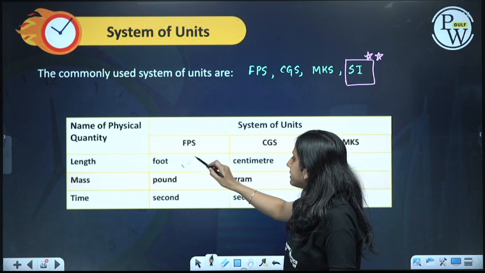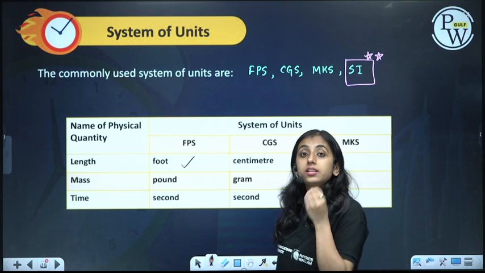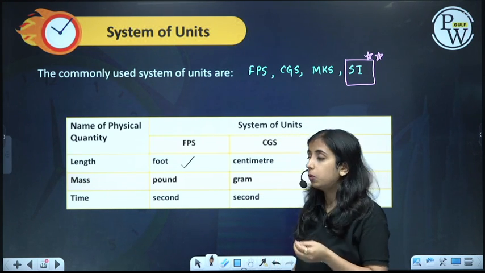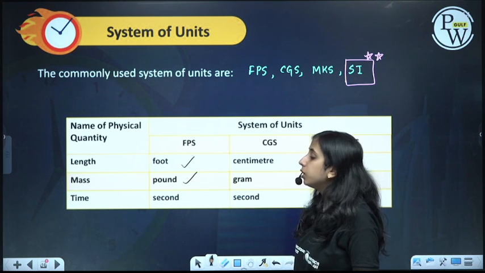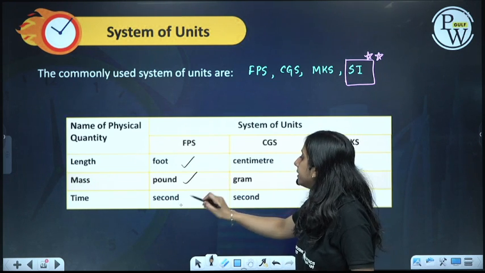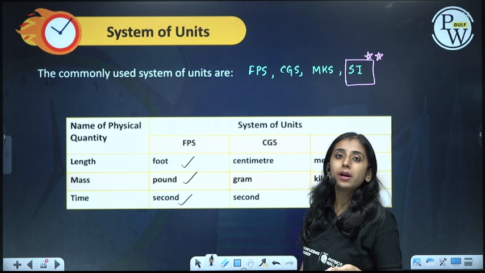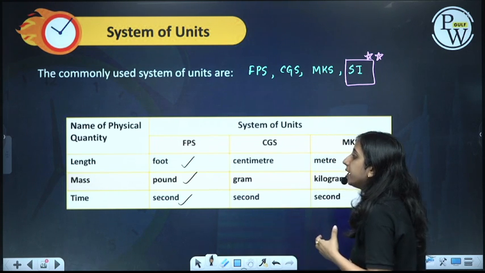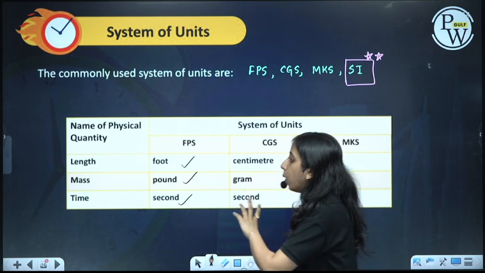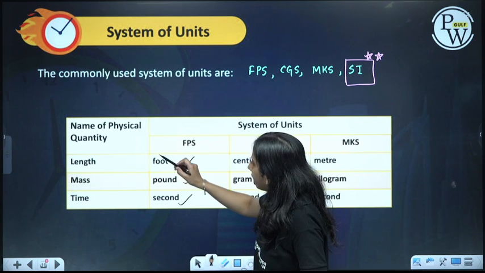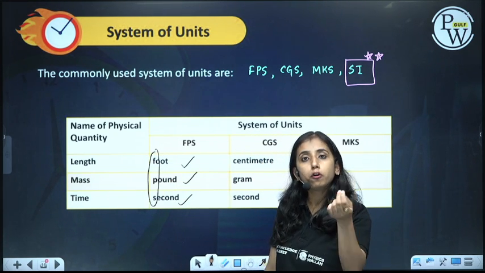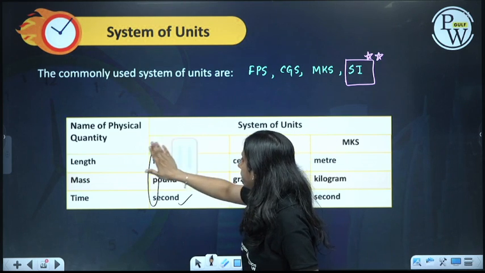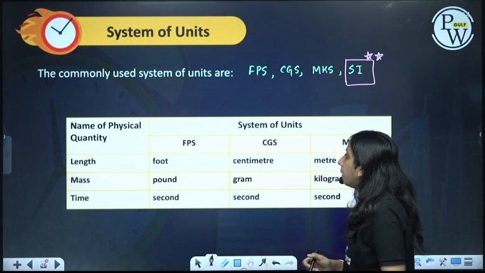In the FPS system, foot is the unit used to measure length, pound is the unit used to measure mass, and second is the unit used to measure time. That's why the name FPS: foot, pound and second.